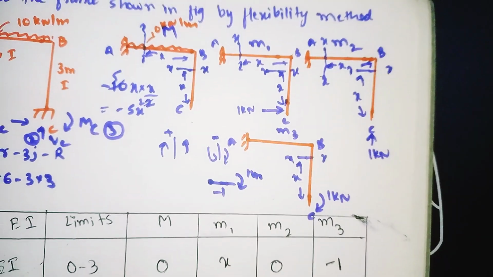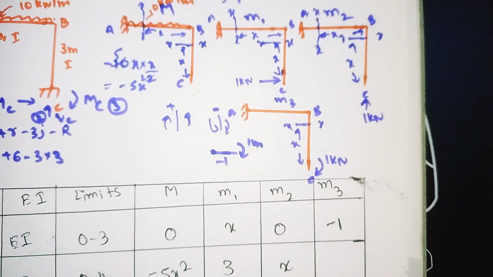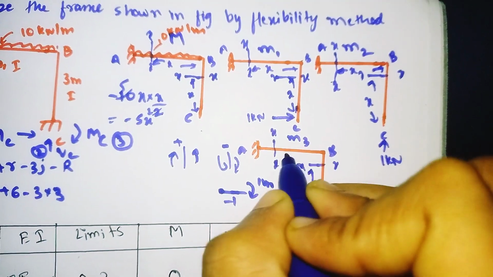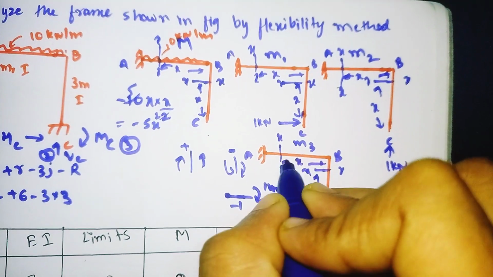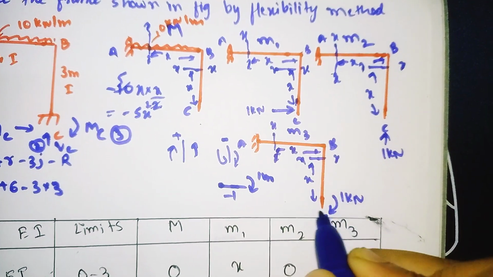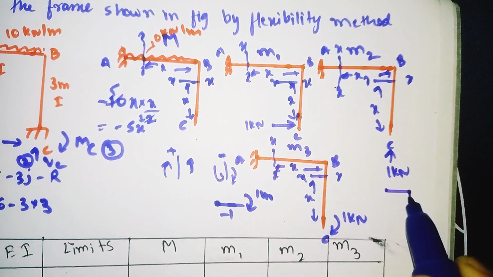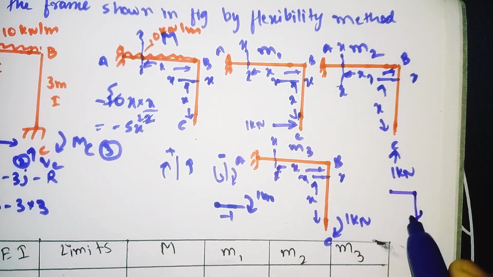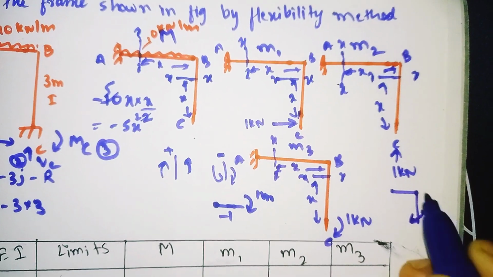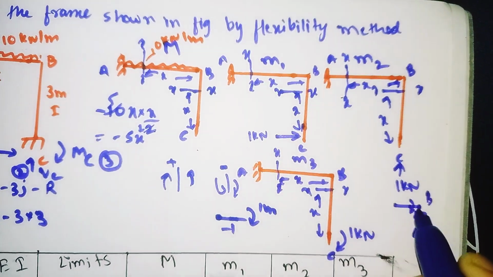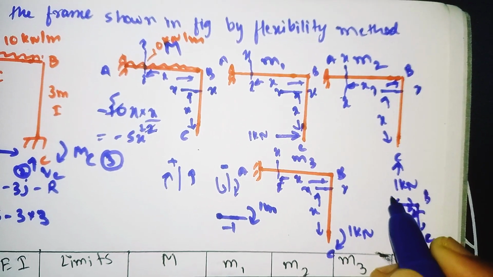Similarly for our M3, if you cut the section like this at a distance of x from the origin B, we have already known the moment transformation. When it comes to point B, here it acts like this, and here it acts like this.